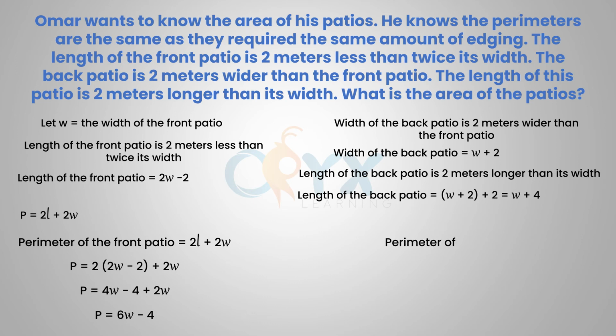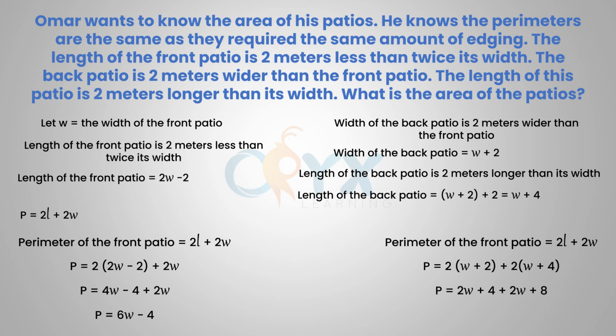The perimeter of the back patio, 2L plus 2W, substituting in our values, will give us P equals 2 times the quantity W plus 4 plus 2 times the quantity W plus 2. Distribute the 2 in both, and we'll get P equals 2W plus 4 plus 2W plus 8.